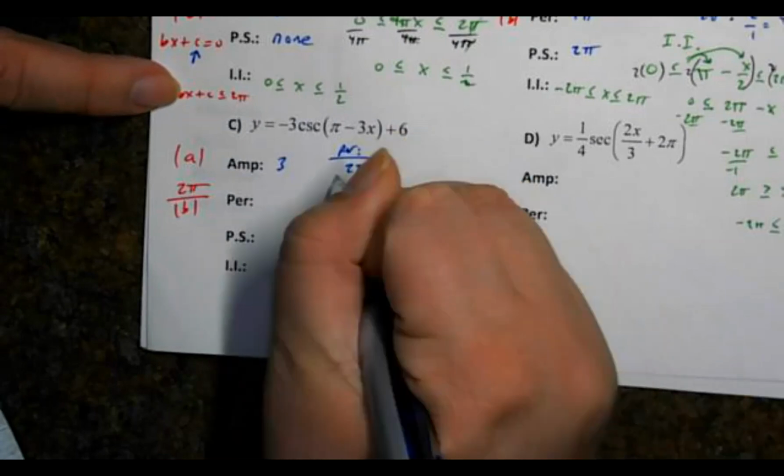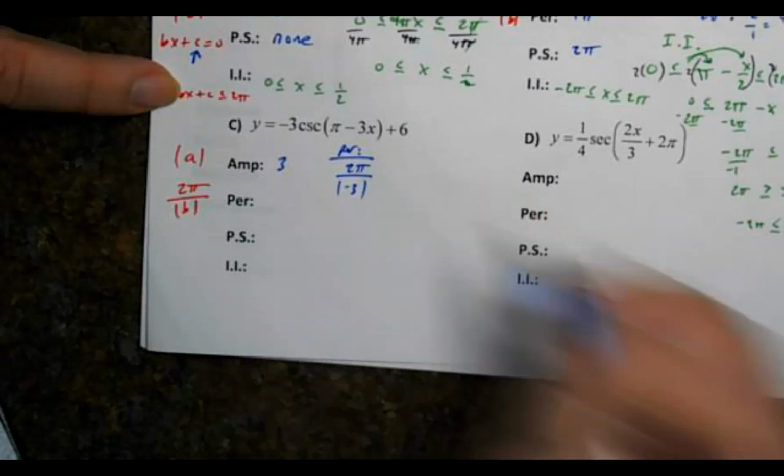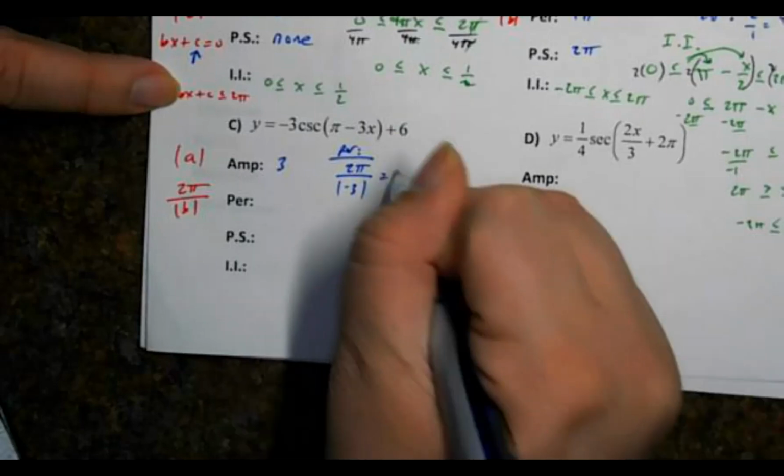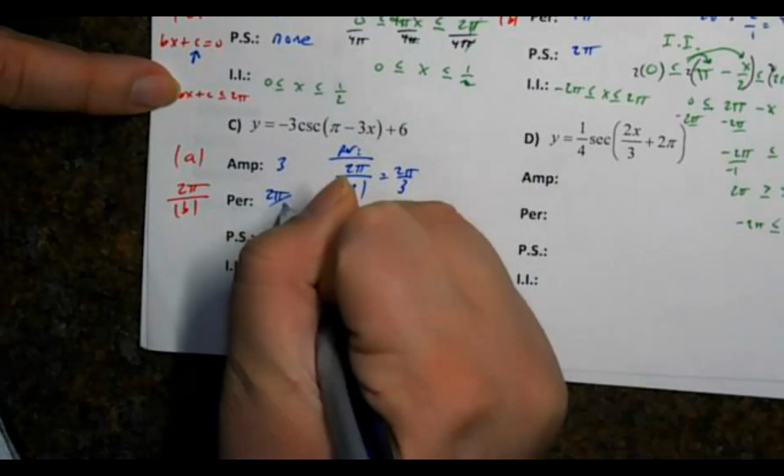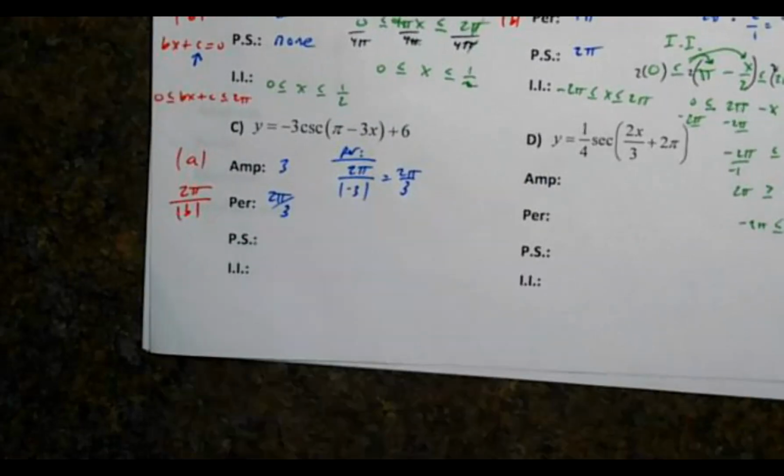So it's 2 pi divided by the absolute value of -3. That is 2 pi over 3. There's the period. So this thing will do one complete cycle in 2 pi over 3 radians, 120 degrees.